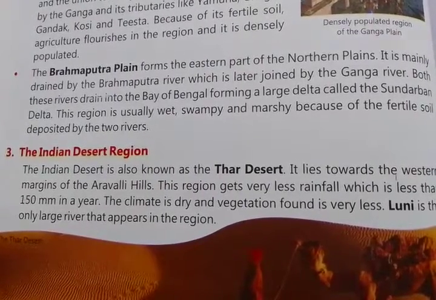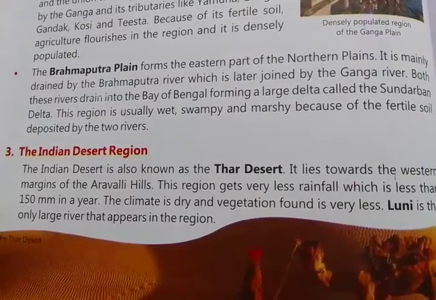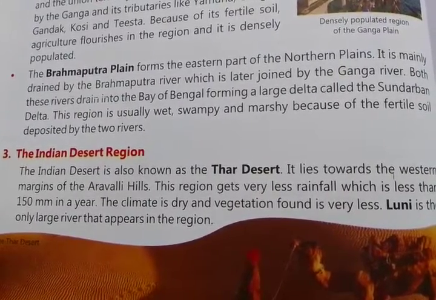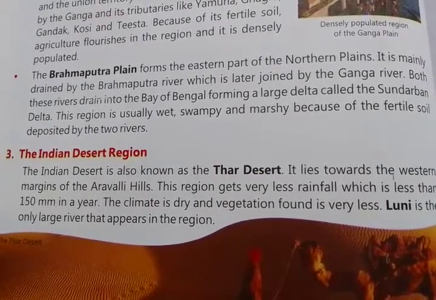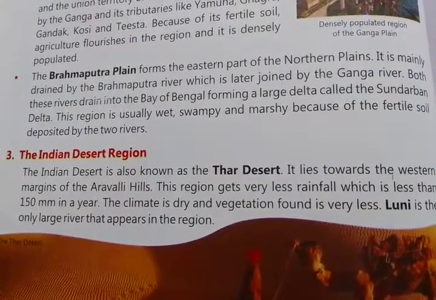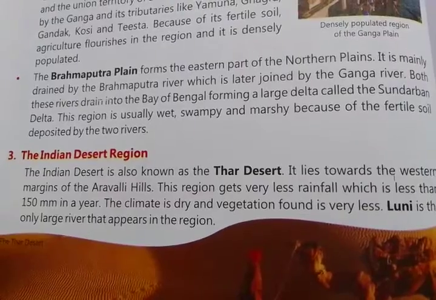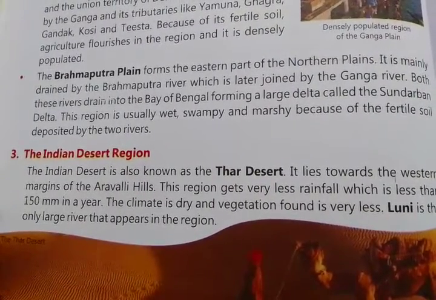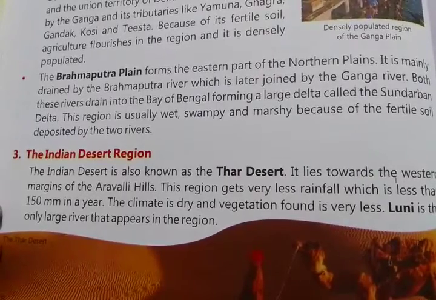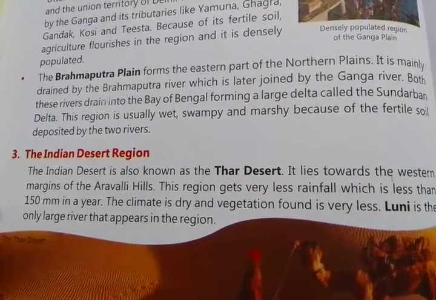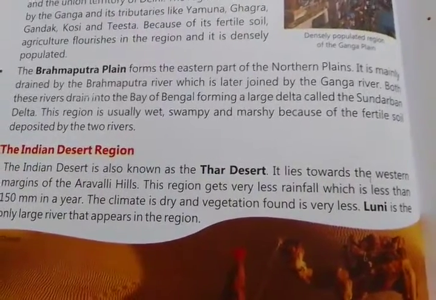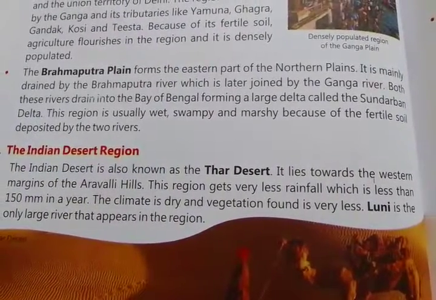Both these rivers drain into the Bay of Bengal and thus form a large delta. The Bay of Bengal lies in the eastern part of India, the eastern boundary of India.